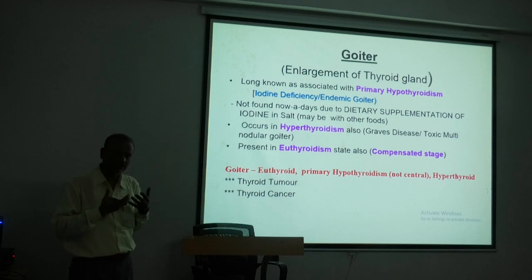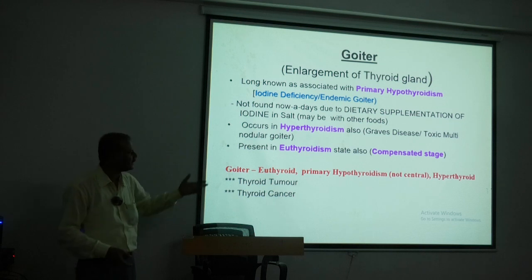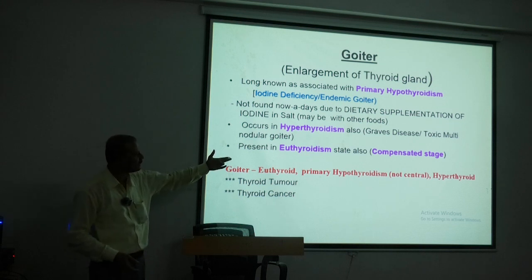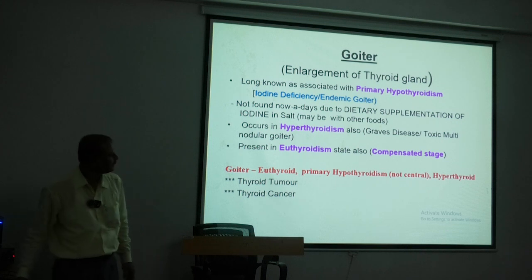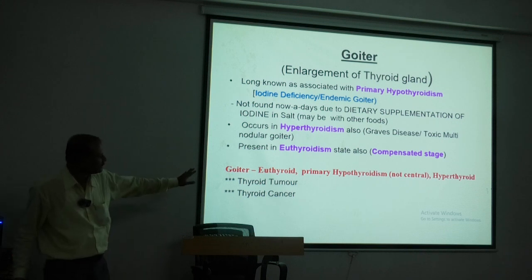So that causes some amount of goiter which might regress. So in the euthyroid state also you will get goiter, but in that case if you measure the T3, T4 levels, they will be normal. So goiter might be associated with euthyroid and primary hypothyroidism, not central.